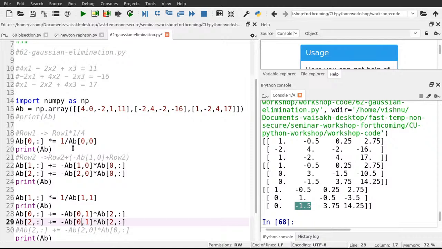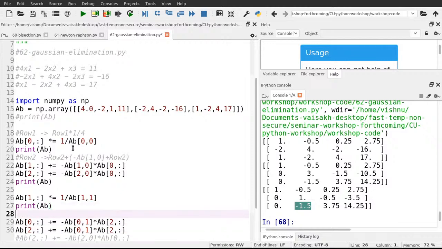So we need to multiply minus of... not 2. So what is essentially we want? We just write row 1 should become row 1 plus 0.5 times row 2. This is what we want. So this is row 1.